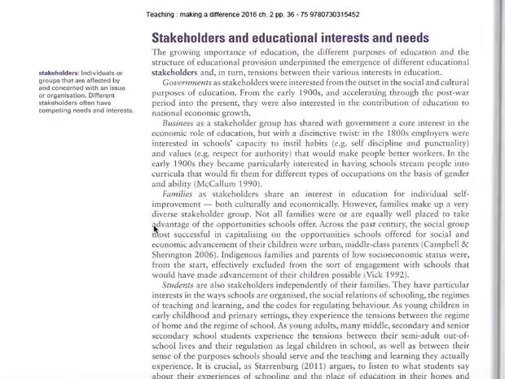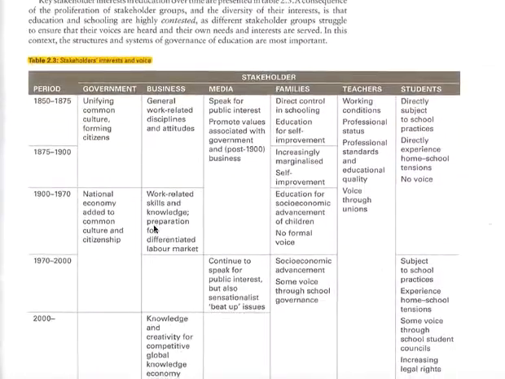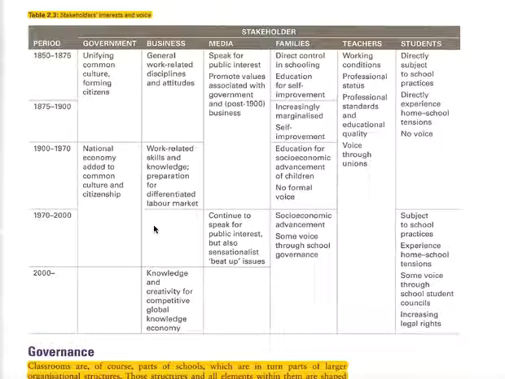So if we move on and just come down here, just because this is again another very good summary table of the text in detail above, from a historical point of view in our country, the kinds of stakeholders that have influenced, I guess, education, and who speaks for education.